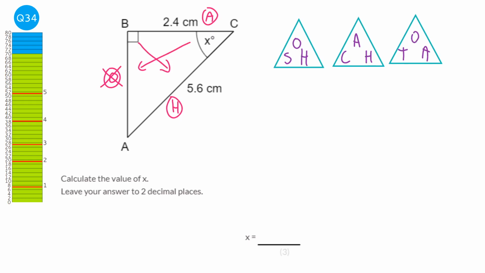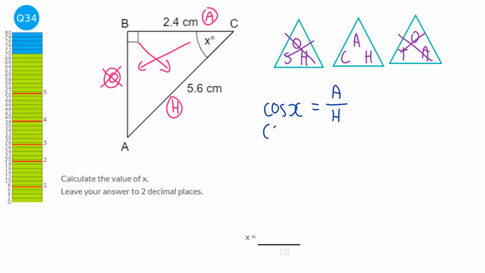Well, we've crossed out the O, and so it's not going to be So or Toa, it's going to be Cah. I'm going to rewrite that as cos x, the C stands for cos, and the x is the angle, equals the adjacent over the hypotenuse. And we are going to rewrite that with the values.